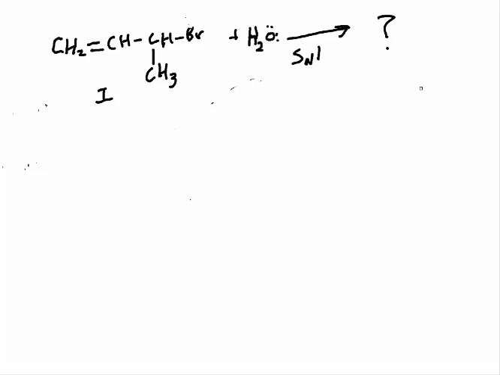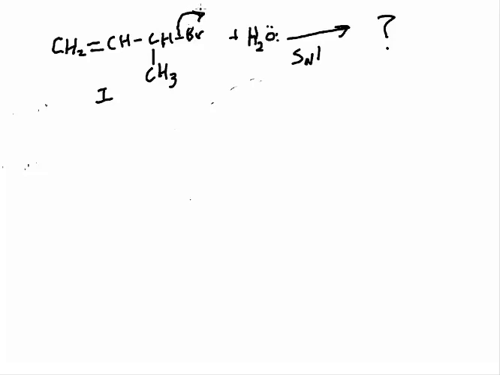So we know the reaction's SN1, and in SN1, the first step is the departure of the leaving group. We'll take the bromine and remove it as bromide ion. Use the curved arrow to show the Br coming off as Br minus.